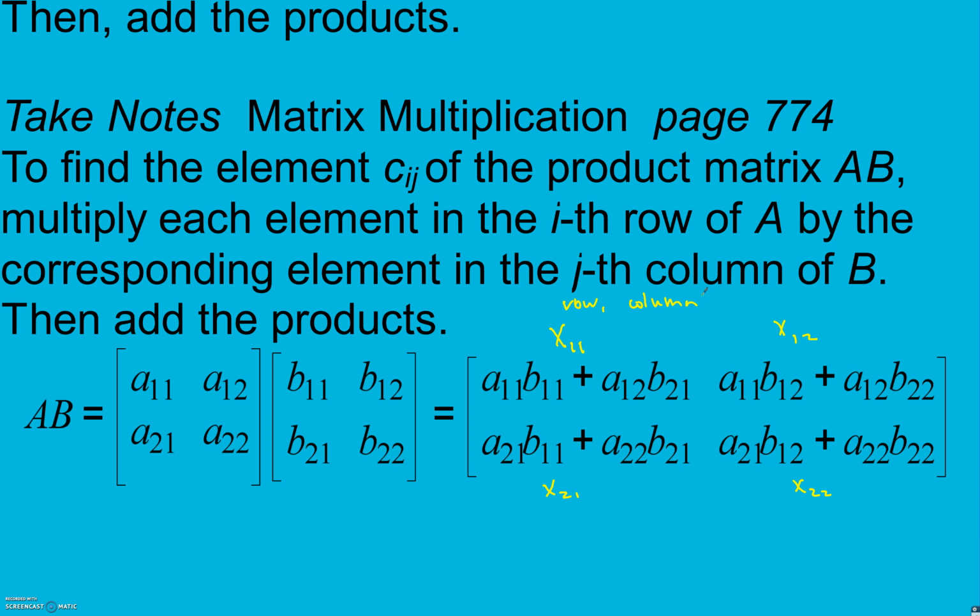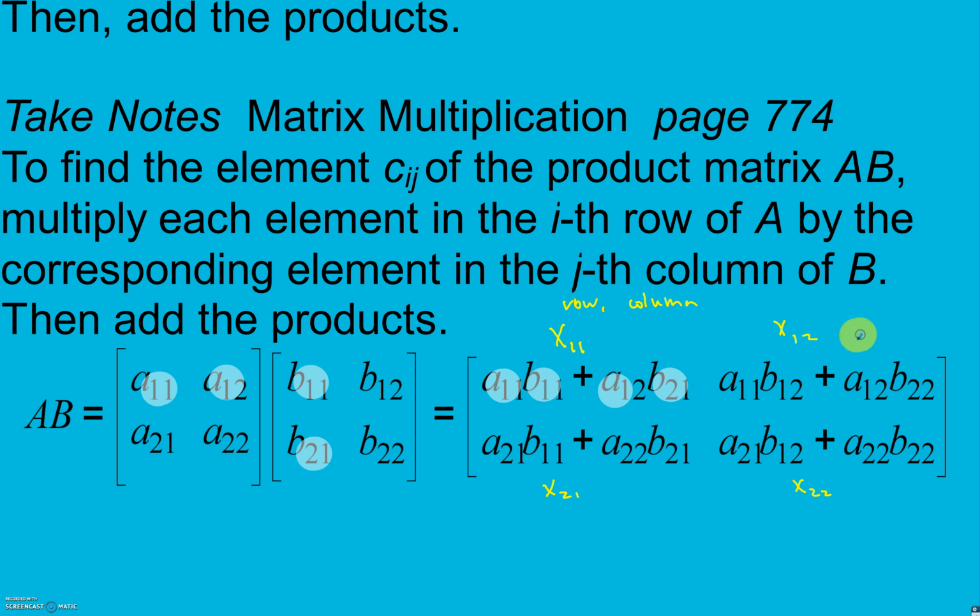So we're going to take the entire first row times the full first column here. Okay? A sub 1, 1 times B sub 1, 1 plus A sub 1, 2 times B sub 2, 1. Sorry, we have to do the first row times the whole first column.